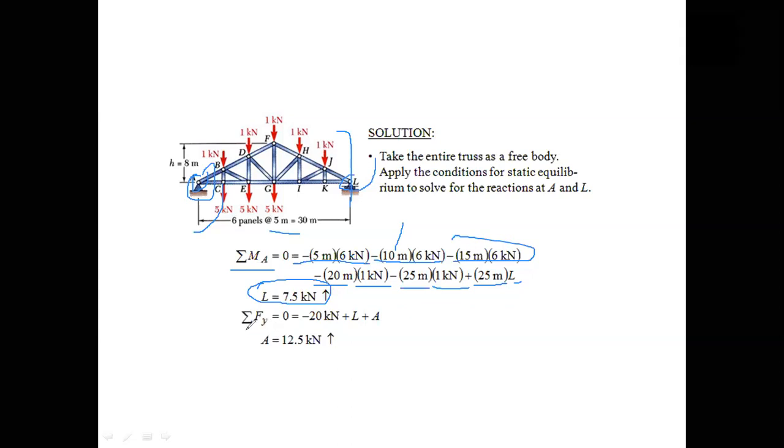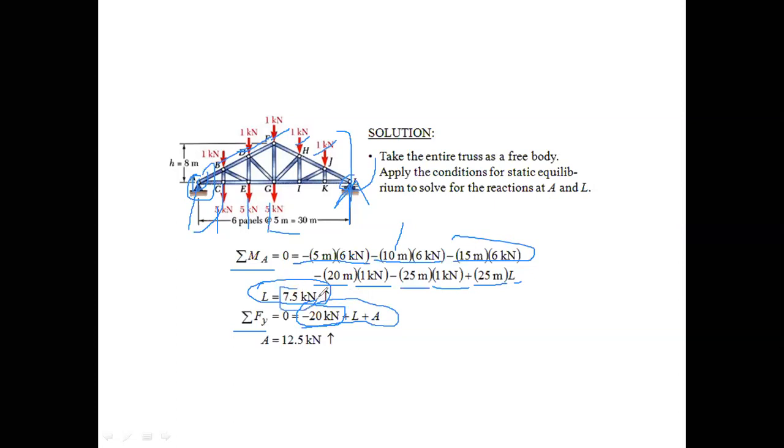Now similarly, summation of Fy is equal to 0. The total load is 5 plus 5 plus 5, 15, 16, 17, 18, 19 and 20. So minus 20 kilonewton because it is vertically downward, plus the reaction at L plus the reaction at A is equal to 0.